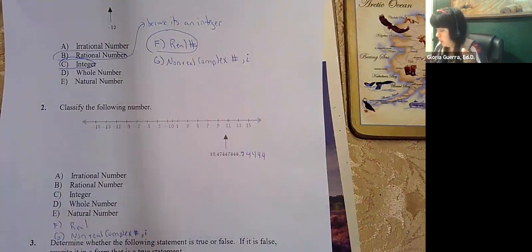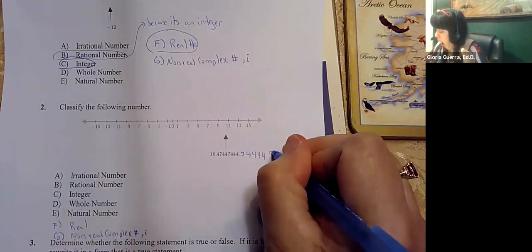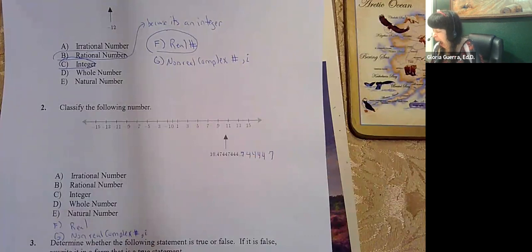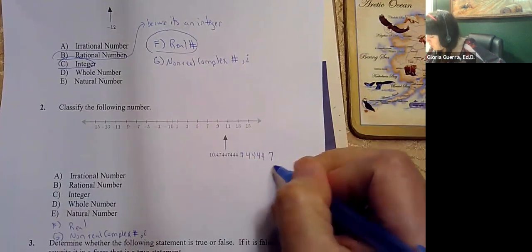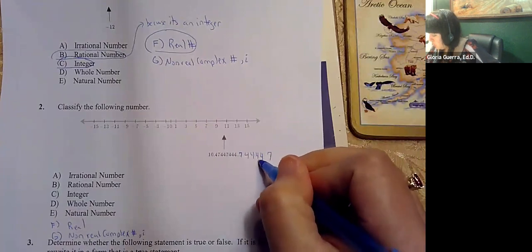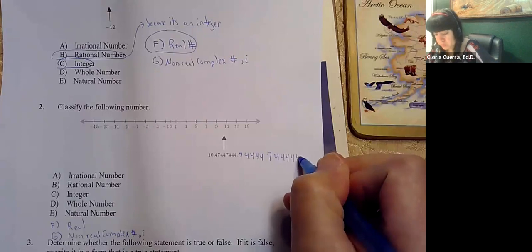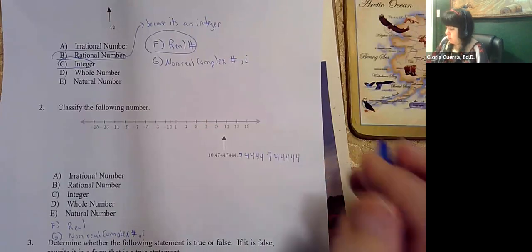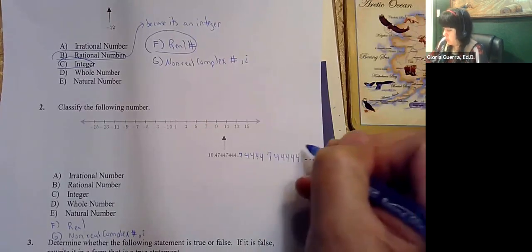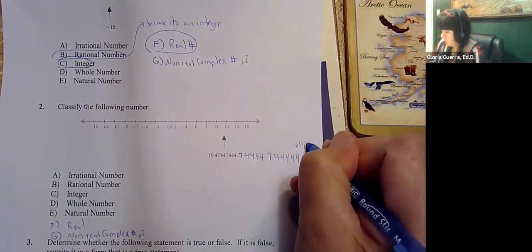And then probably another 7. And then probably more 4s, but an extra one. So 1, 2, 3, 4. So it'll be 5. And then I can put ... which means it would continue on.